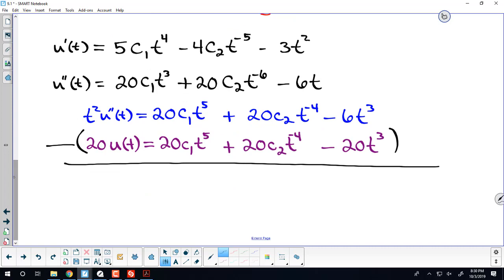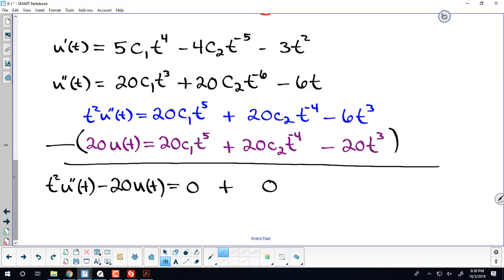On the left-hand side, we've got t squared u double prime minus 20 u of t equals 20 c1 t to the fifth minus 20 c1 t to the fifth, 20 c2 t to the negative 4 minus 20 c2 t to the negative 4.